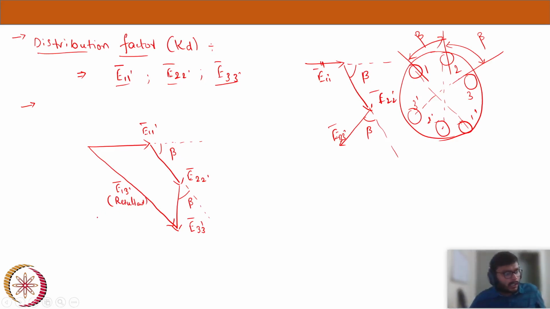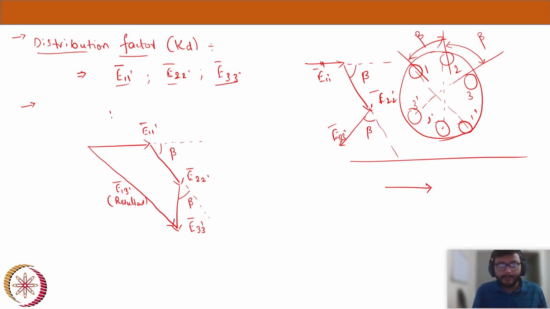Now, this kind of distribution will also be present in the concentrated winding. So this is for a distributed winding. But it's simple. For a concentrated winding, there won't be any beta because all the coils, all the turns, are placed in a single slot. Now we will see the phasor.